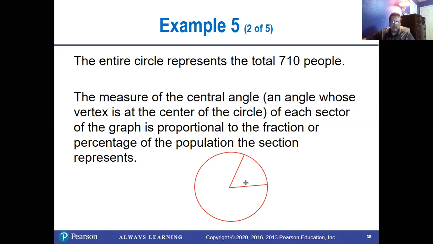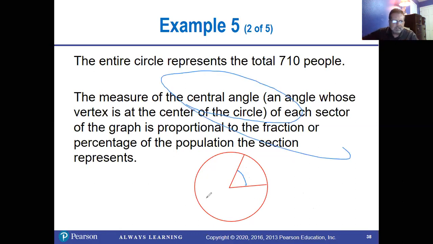Right here is your central angle. This is what's known as a central angle. I want a different color. Here we go. So from here to here, that's my central angle, and it comes from a proportion, a fraction, of the percentage.